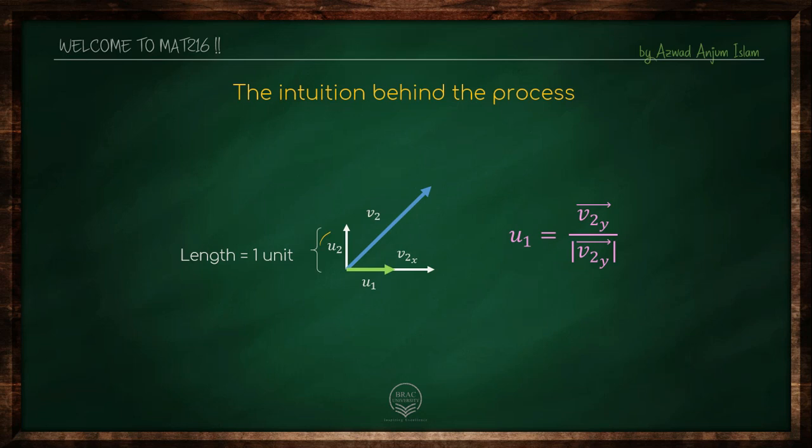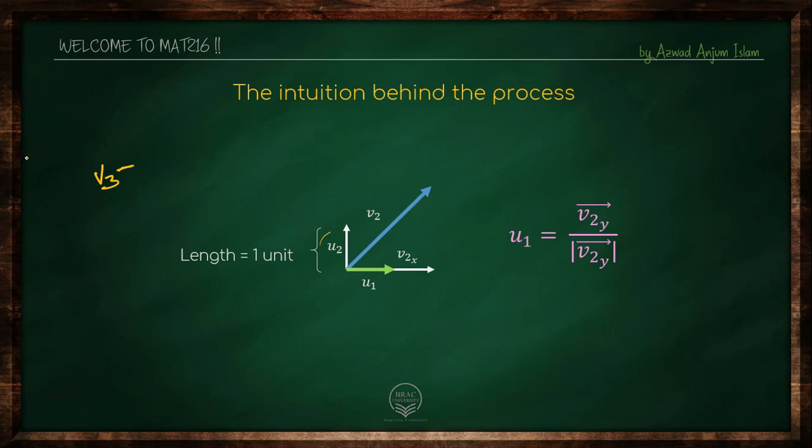If this was in 3 dimensions, if we had a third vector, we'd do the same. We'd take v3, and from that we'd eliminate the projection onto u1 and u2 because those are redundant.